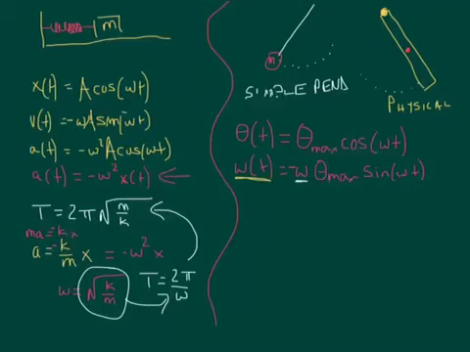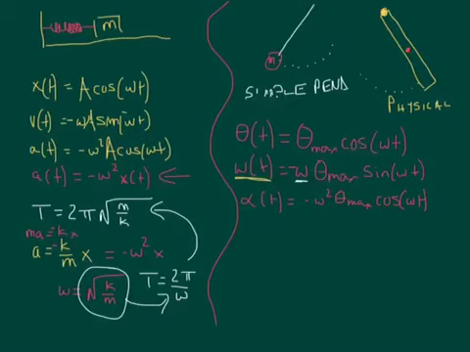Let's take the derivative one more time to get an acceleration function. Angular acceleration, alpha as a function of time, is equal to negative omega squared times theta max times the cosine of omega t. Again, all three of these could have a phase shift. We're leaving it out to simplify at the beginning.